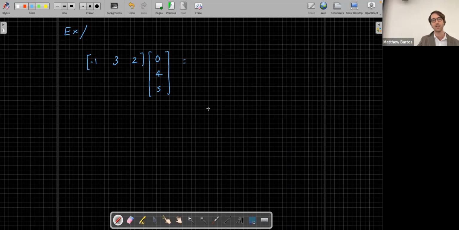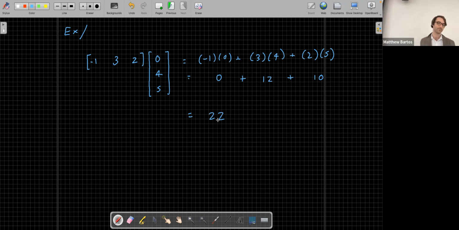If you take the inner product, or the dot product in this case, you'll get -1 times 0 plus 3 times 4 plus 2 times 5. This gives you 0 plus 12 plus 10, which is equal to 22. So that's the dot product of two vectors, and note they do have to have the same dimension for this to work.